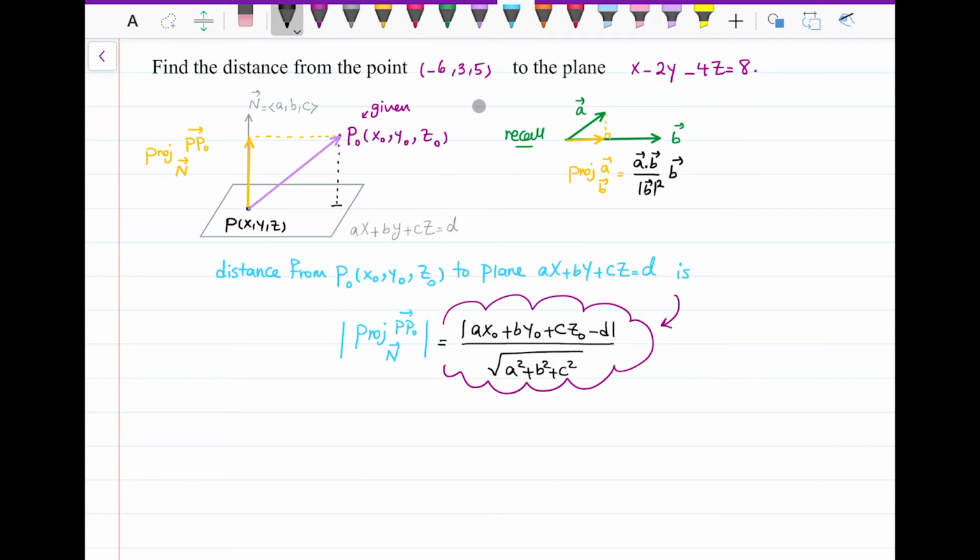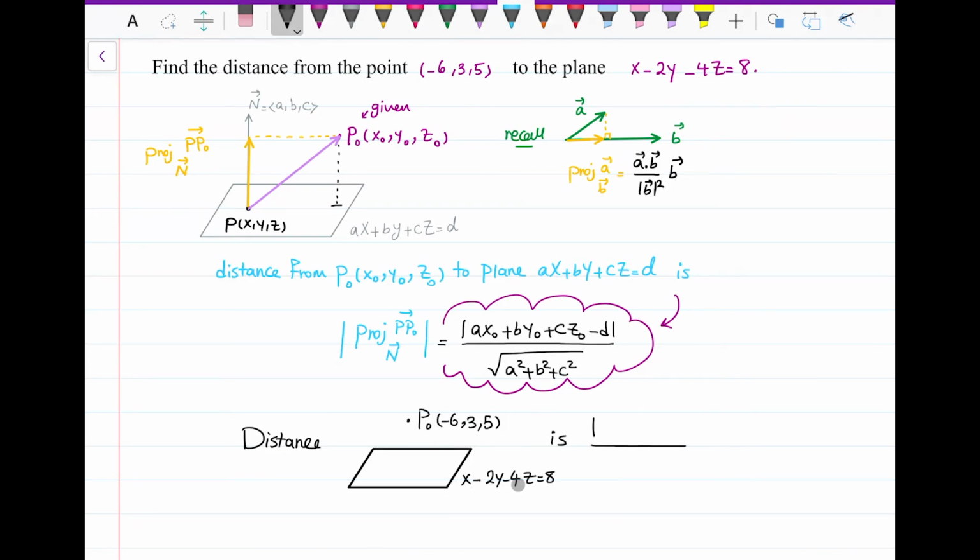Now let's apply it to the given point. So the distance from the point P naught, which is -6, 3, and 5, to the plane. Actually, let me have a better plane, like this one, which is x minus 2y minus 4z equals 8, is this.